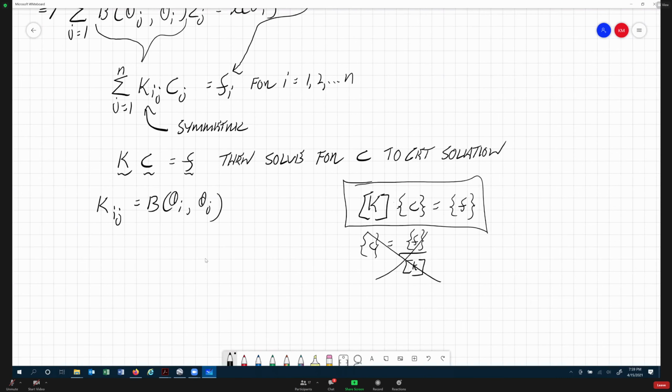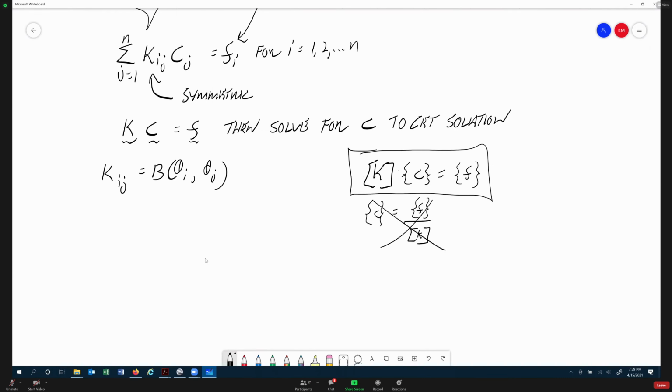So maybe we should write that out. Here we have our K ij is equal to this, but our Fi, to put it in the same form here, is equal to L B I. So we know this.